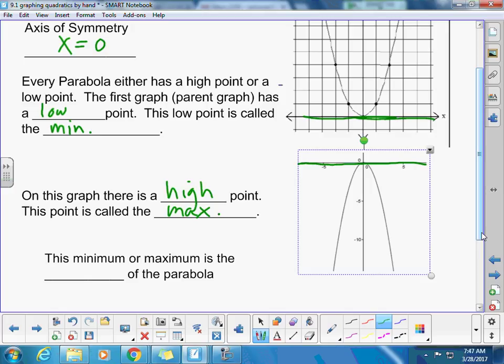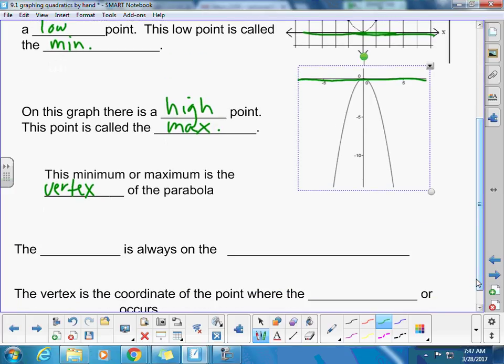I know we're tricky when we come up with names of things, right? The minimum or the maximum is the vertex of the parabola. And we haven't talked much about the vertex, but the vertex of the parabola is always on the axis of symmetry. And it's that point right there, either the high point or the low point.